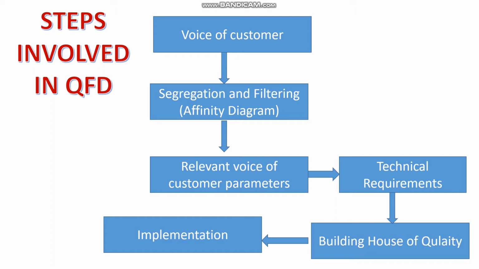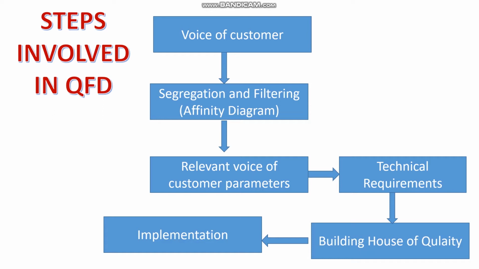So the next step is technical requirements. What technical requirements do we have to incorporate to satisfy the customer? This one we have to develop. After technical requirements, we have to build the house of quality diagram.